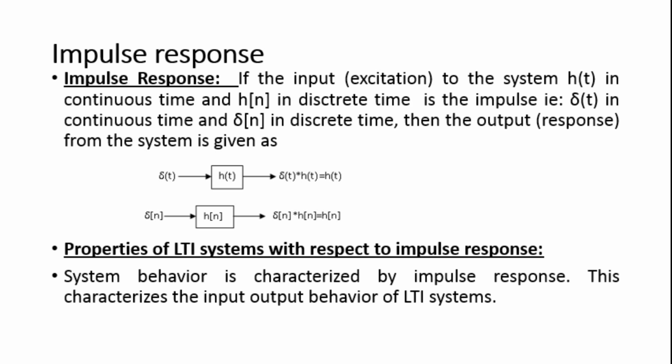Next, we are going to discuss properties of LTI systems with respect to impulse response. System behavior is characterized by impulse response. This characterizes the input-output behavior of LTI systems.